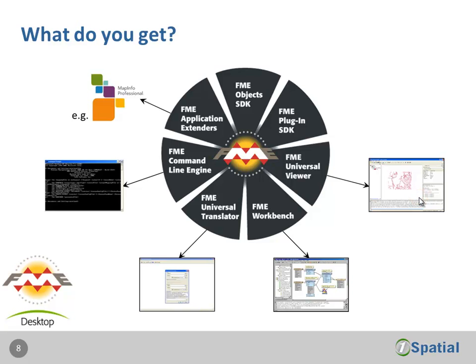What do you get when you buy FME? Well, on the left hand side you can see the Universal Viewer. This gives you the ability to open any dataset at any time and many formats all in the same window at the same time.